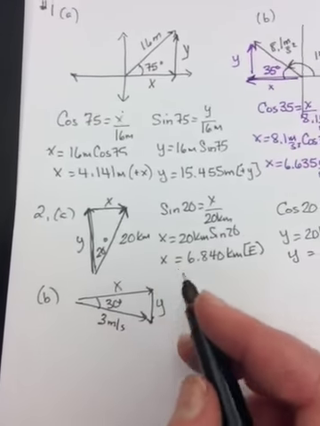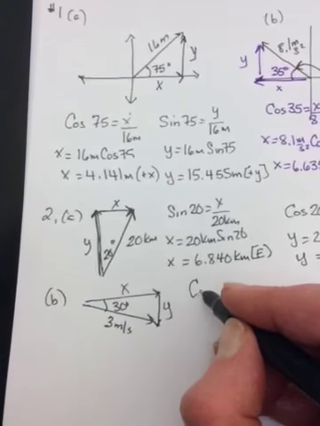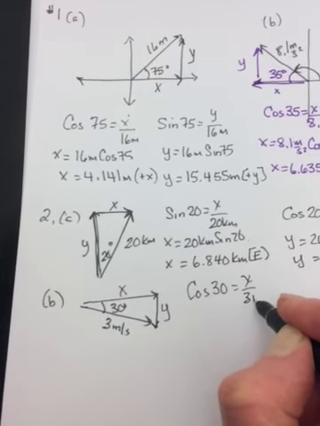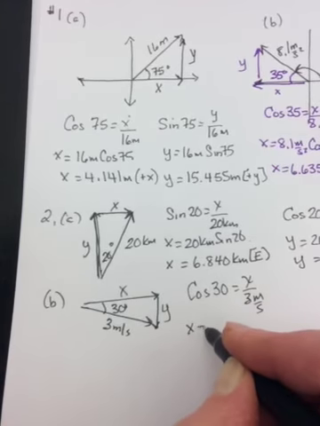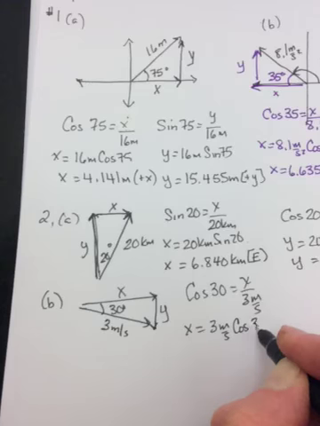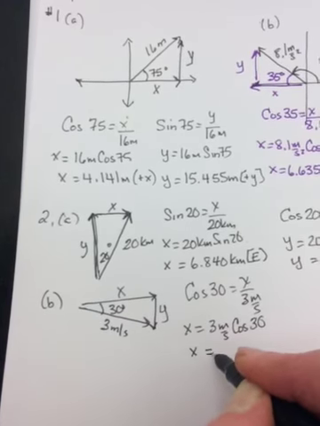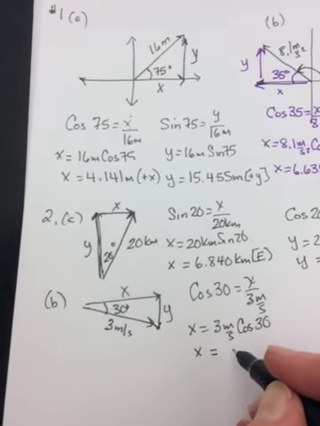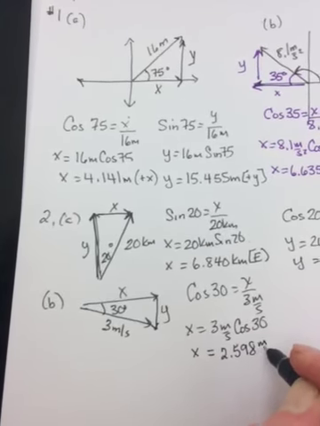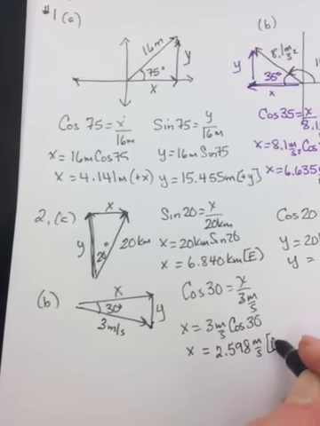X is adjacent, so it's cosine again. So cos of 30 is equal to x over 3. X is equal to 3 meters per second cos of 30. X is equal to 2.598 meters per second east.